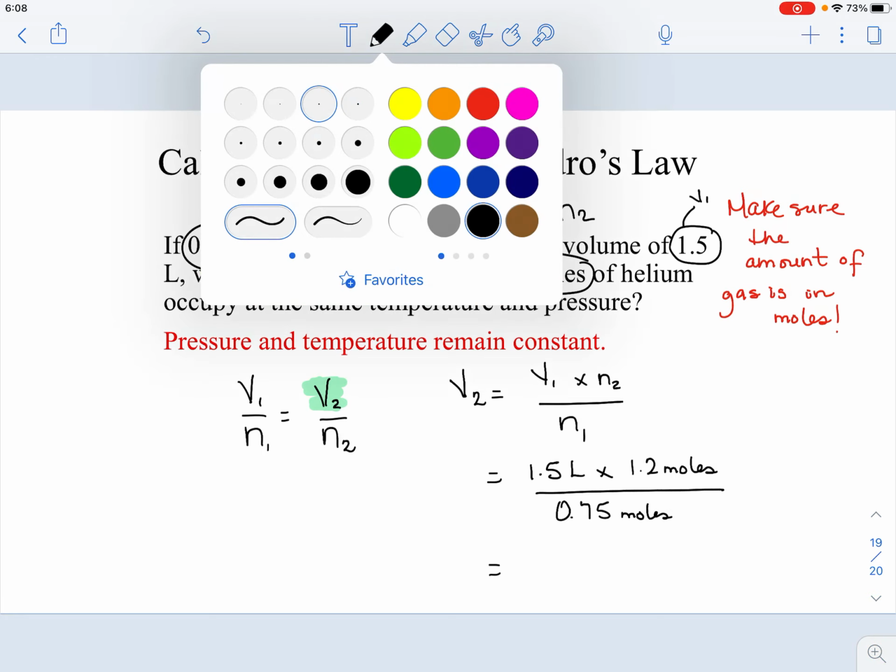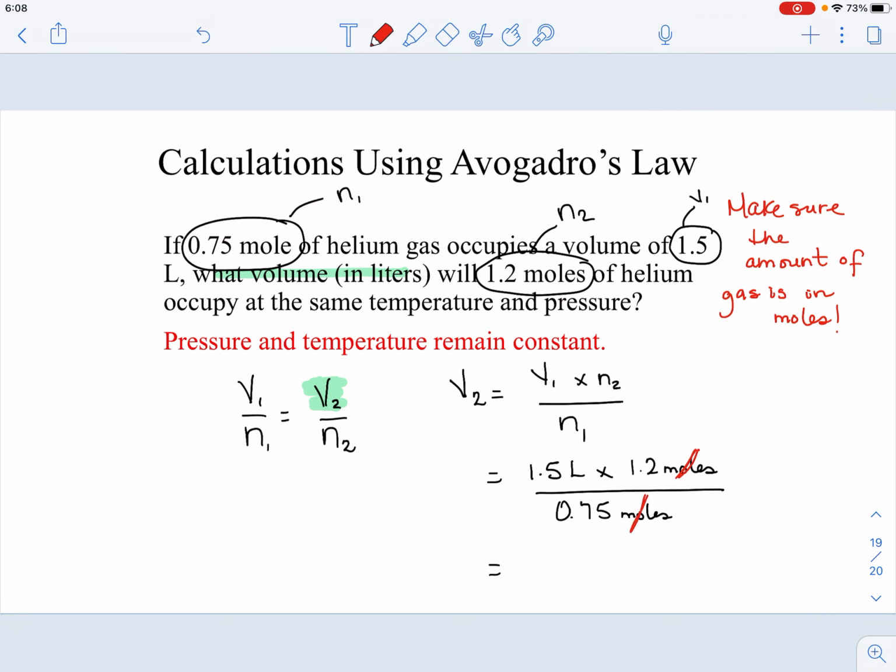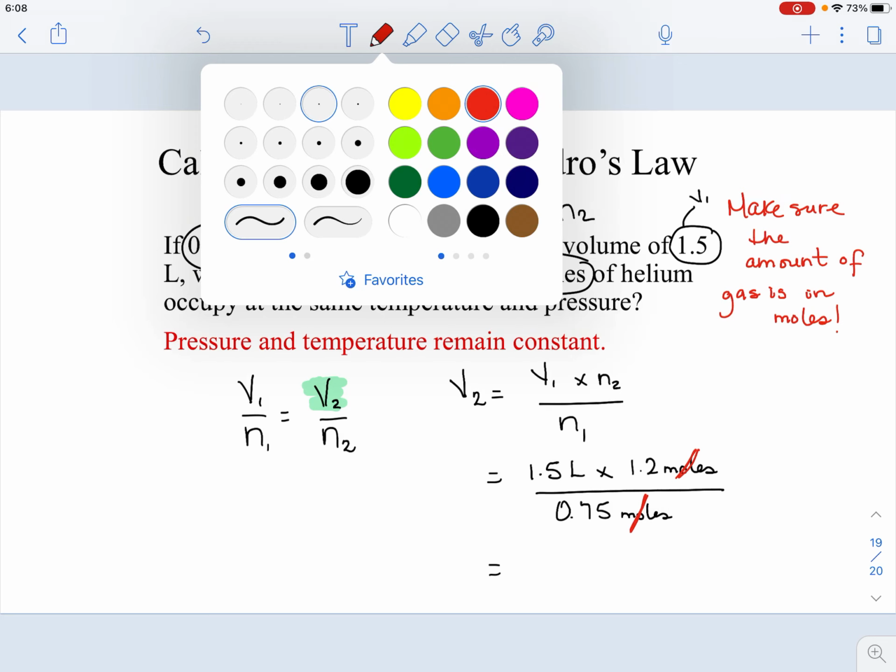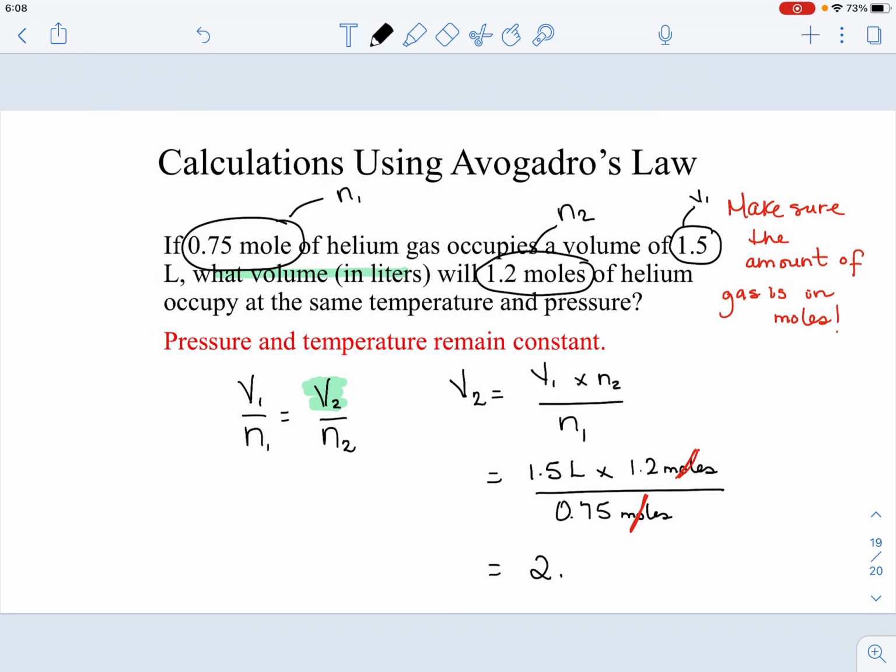The number of moles cancel. Then we do 1.5 times 1.2 divided by 0.75 equals 2.4 liters. So the volume that will be occupied by 1.2 moles is going to be 2.4 liters. And that's how we do Avogadro's Law.